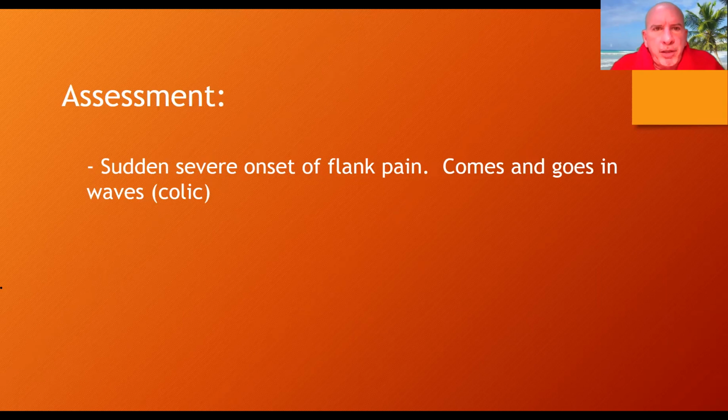The reason you're getting that pain in waves is because like your gastrointestinal tract, your intestines, they use peristalsis to move stuff. They move in waves to move stuff through the intestine. Well, your ureters do the same thing. Your ureters use peristalsis to move stuff through them.